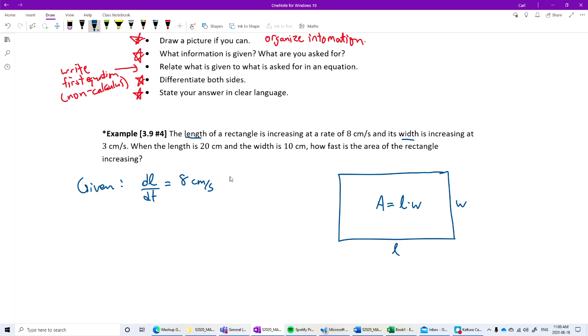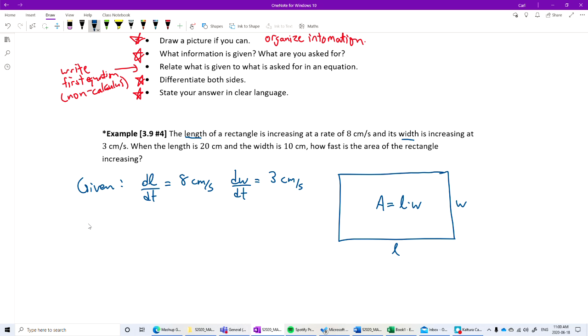And we're given that the width is increasing at 3 centimeters per second. So it's getting longer pretty fast, and it's getting wider not as fast. So those two things together are going to determine how quickly the area is growing.